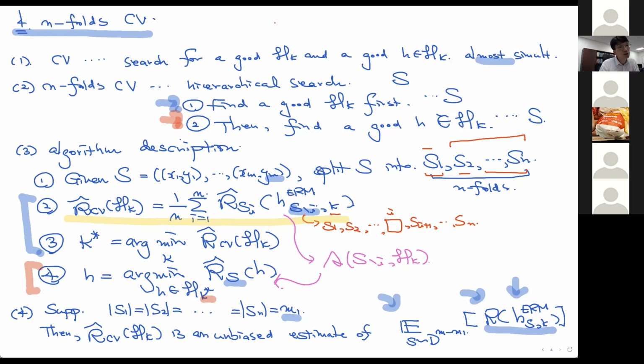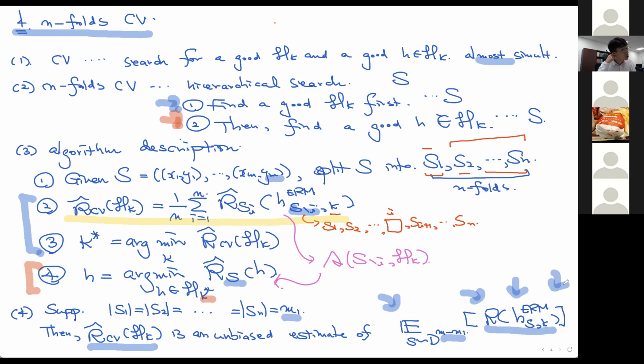So on average, what's going to be the quality of the output returned by the algorithm when the algorithm is given M1 samples. That's what this quantity expressed by the expectation says, and this R hat CV of H_K is a sample-based estimate of the quantity that I wrote on the right-hand side.